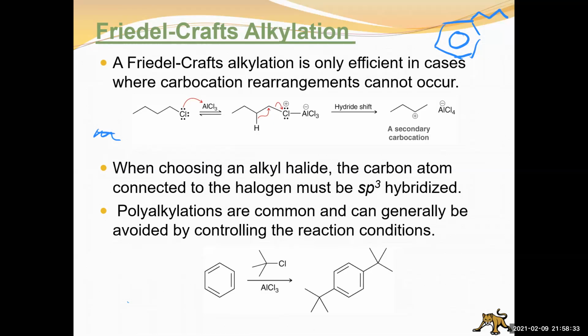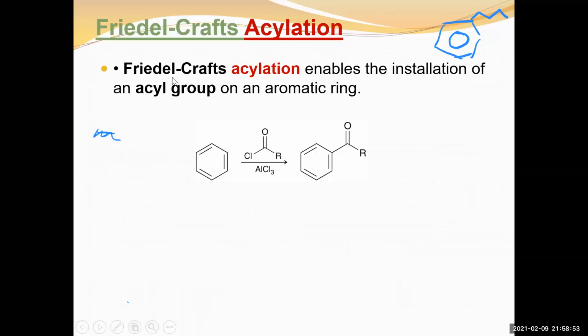If you wanted it to attach in that certain way at the terminal position, is there anything you could do to make it do that without having to worry about undergoing this carbocation rearrangement process? The answer is yes, but not a Friedel-Crafts alkylation. The answer is a Friedel-Crafts acylation, followed by a Clemmensen reduction.